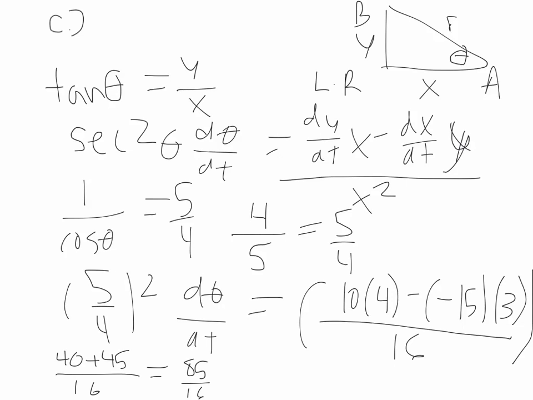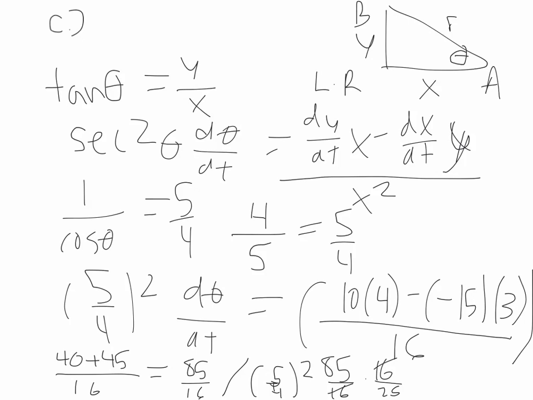And then remember, you've got the 5 over 4 squared on the other side, so you have to divide by 5/4 squared, or really 85/16 times 16/25.